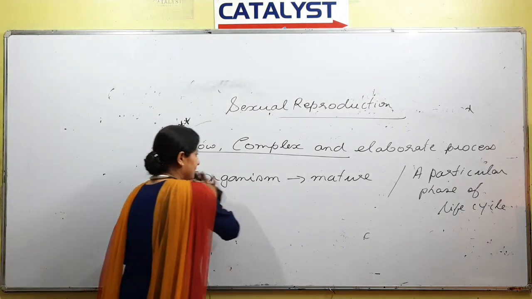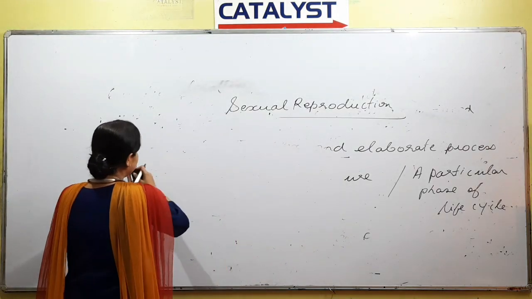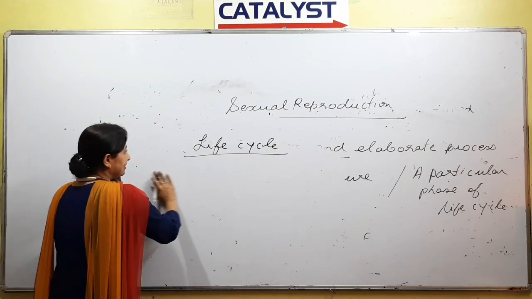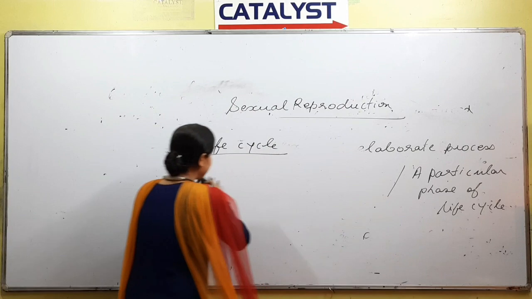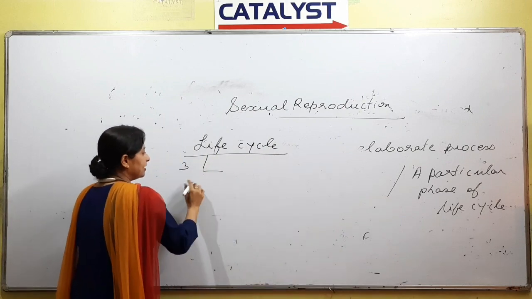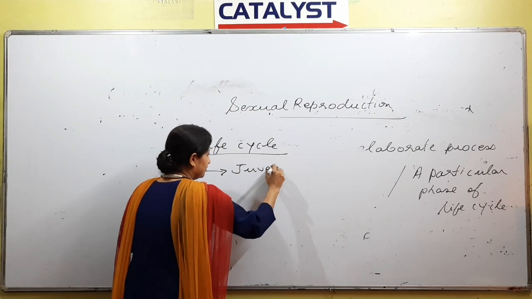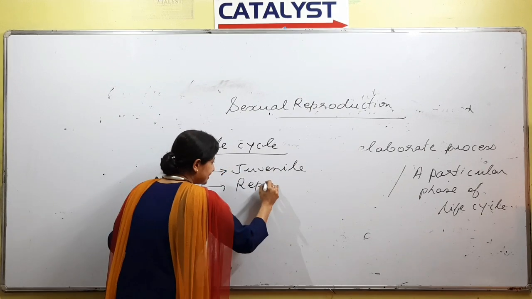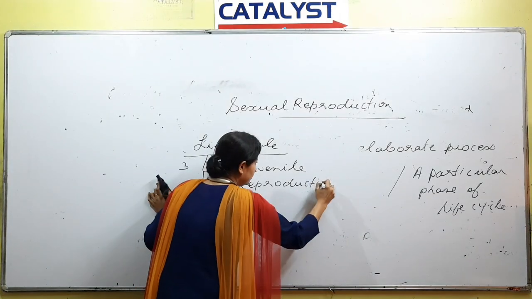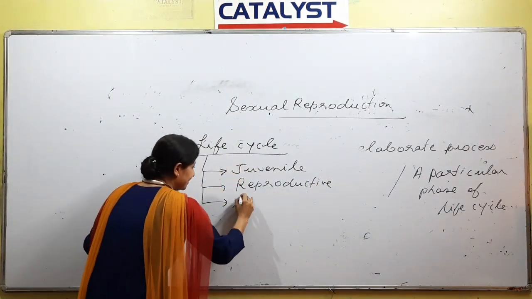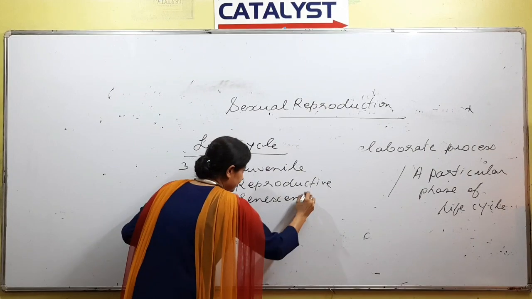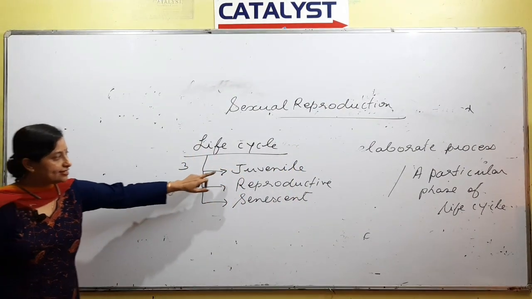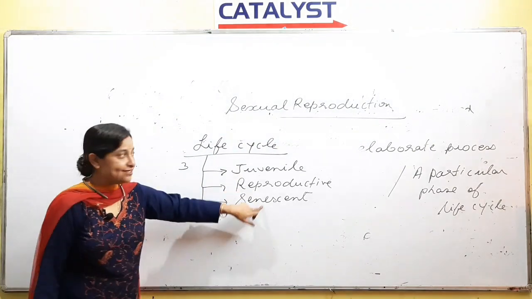We know that a life cycle of an organism has different phases. There are 3 phases: juvenile, reproductive, and the next phase is senescent.